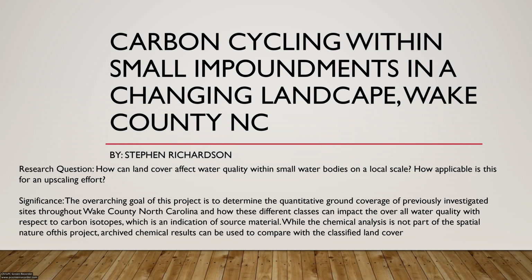So basically, I wanted to look at the spatial relationship of a specific buffer around these impoundments and how the land class can ultimately affect the water quality with respect to carbon isotopic composition in these systems, as the coverage can give indication as to source material, whether produced in system or transported from the terrain surrounding them.